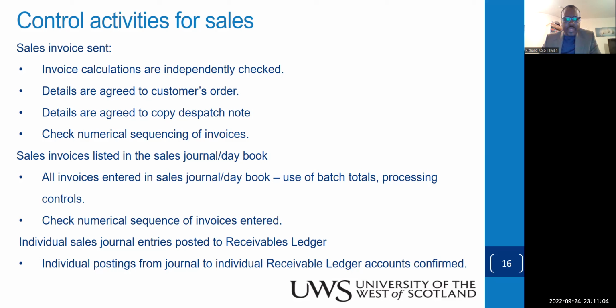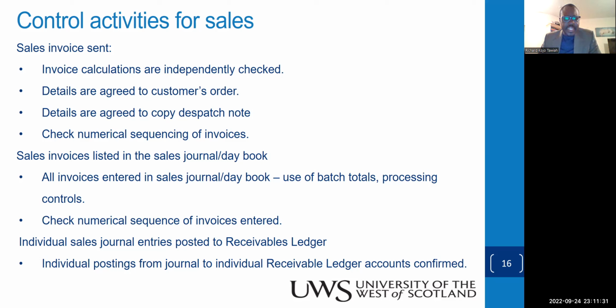Okay, check numerical sequencing again of the invoicing, quite important. Sales invoices should then be listed in the sales journal or sales day book, okay, bookkeeping. And all others must be in the day book, put in the necessary folios to trace to the customer, and also plug in processing controls. If there are batches which have been dispatched to some customers, use batch totals.